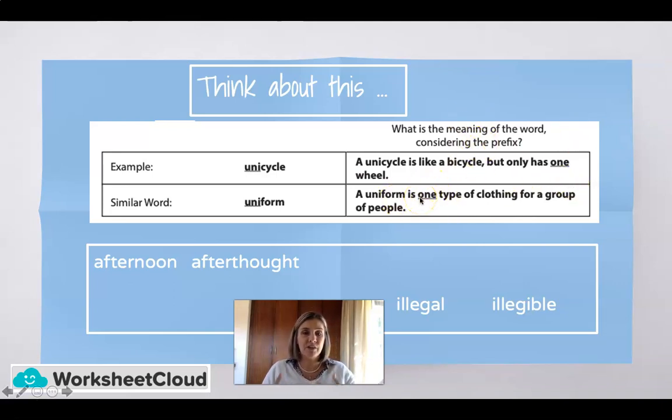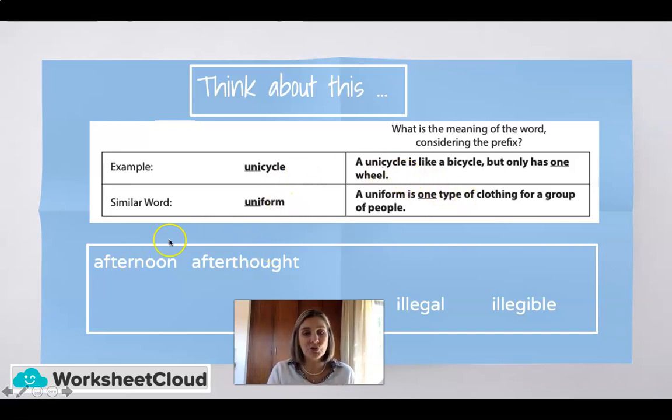It's one type of clothing for a group of people. And uniforms aren't only at school. I'm sure you've seen when you've gone into Pick and Pay or into Woolies or even Game. Sometimes they have their coloured shirts with a little logo, Game or Woolies or Pick and Pay. So even some companies have a certain type of uniform for their group, one kind of set of clothing.